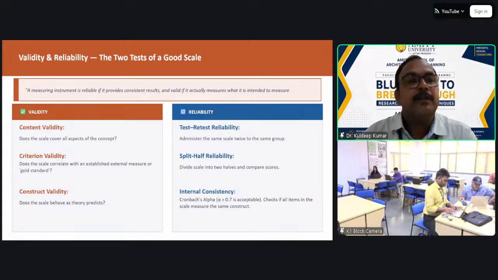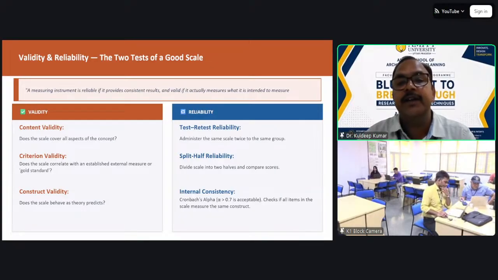If validity is concerned, validity asks: am I measuring the right thing? There are three types of validity that one should know. Number one is content validity, then criterion validity, and construct validity. Let's see them one by one.